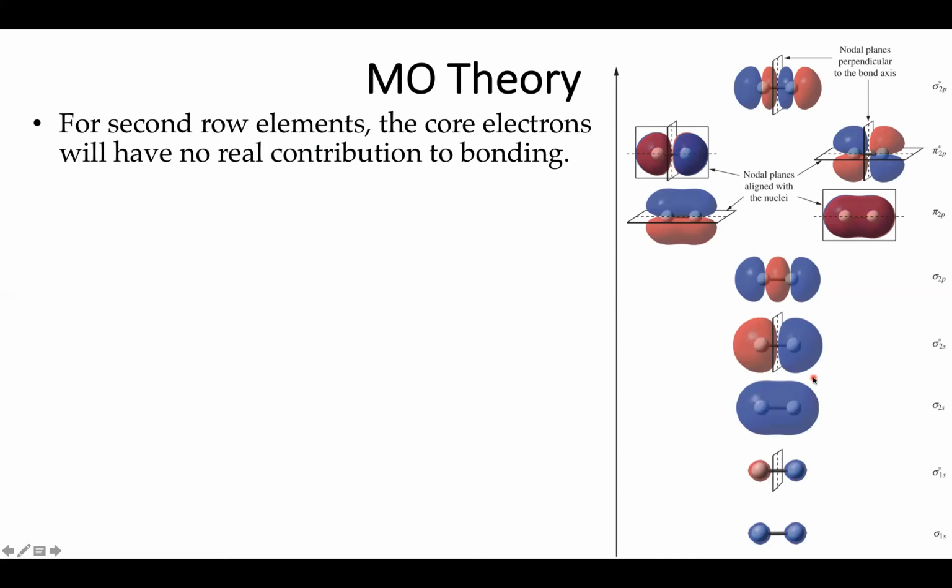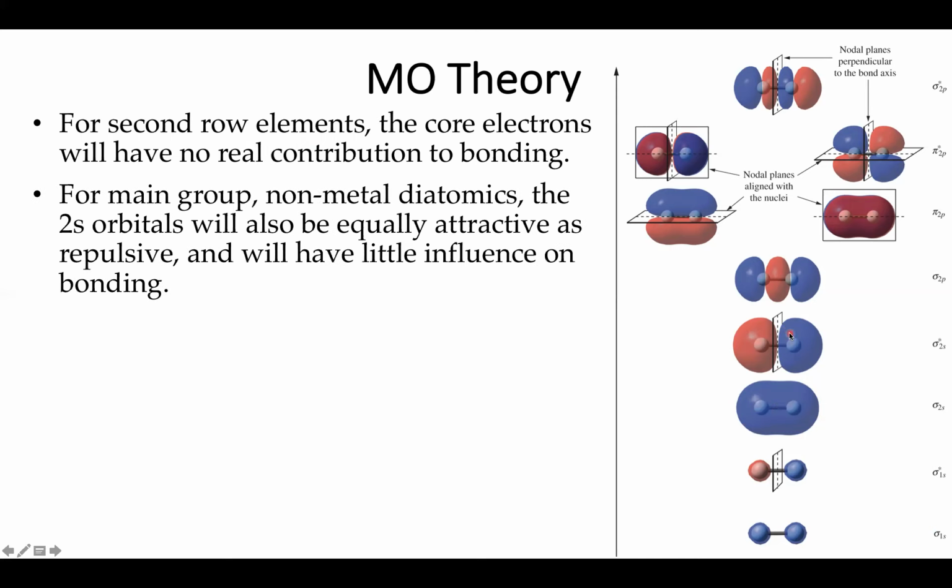Now, if I start adding in more electrons, they'll start filling up these sigma s orbitals, bonding and anti-bonding. And if I'm talking about anything after beryllium, so boron and afterwards, I will also have enough electrons to fill both the bonding and anti-bonding s shells. As a result, most of the time, if I'm looking at boron and forward, my 2s orbitals also aren't going to have a lot of impact.